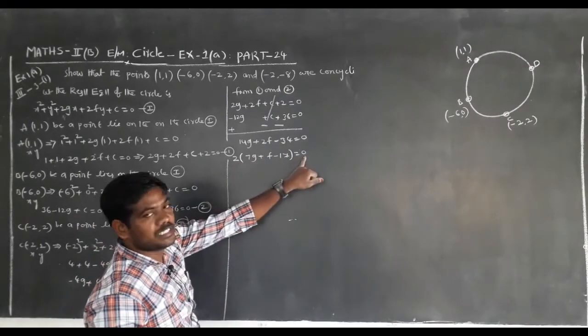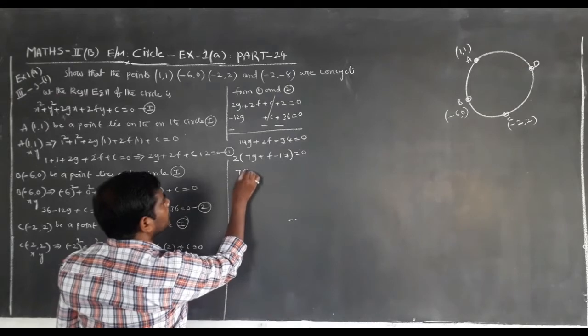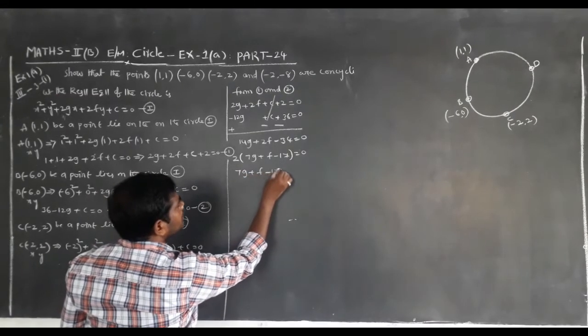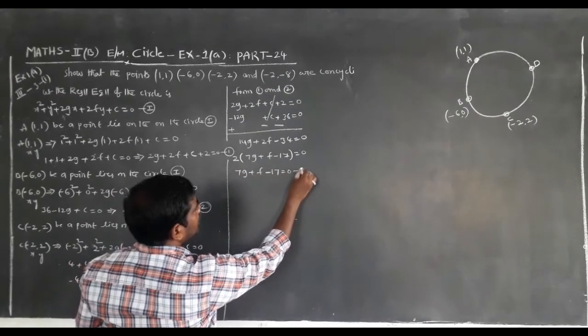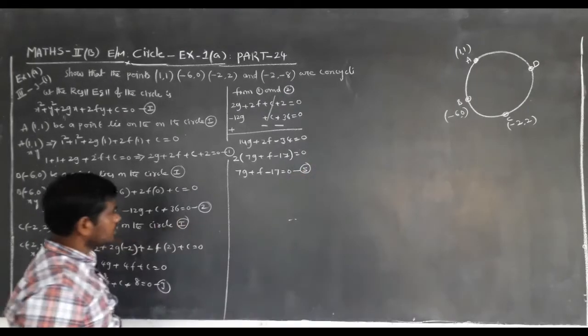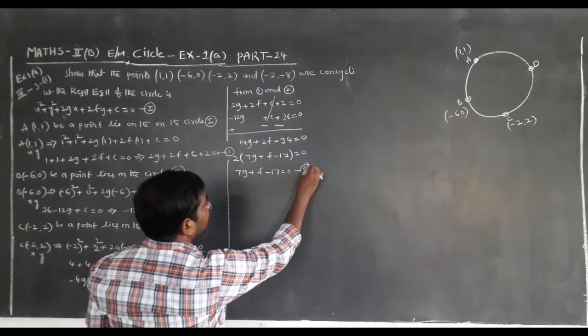Taking to the right side, 0 by 2 is 0. So 7g plus f minus 17 is equal to 0. This is the condition number 4.